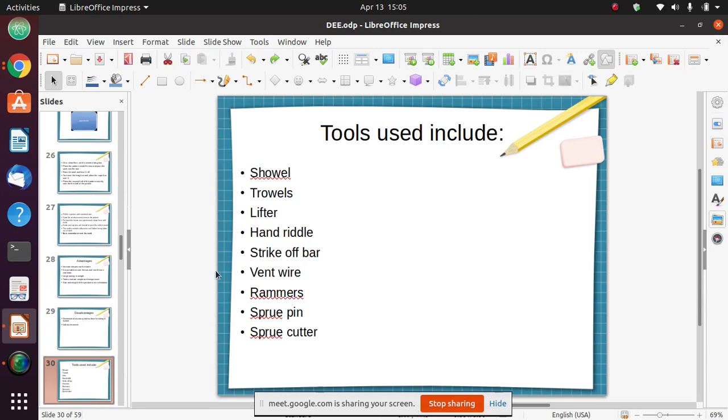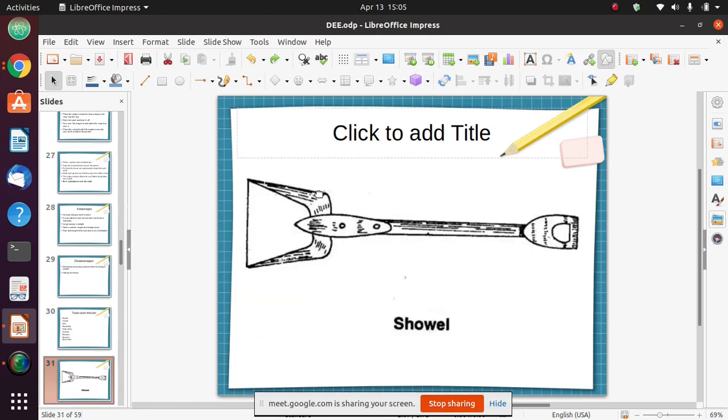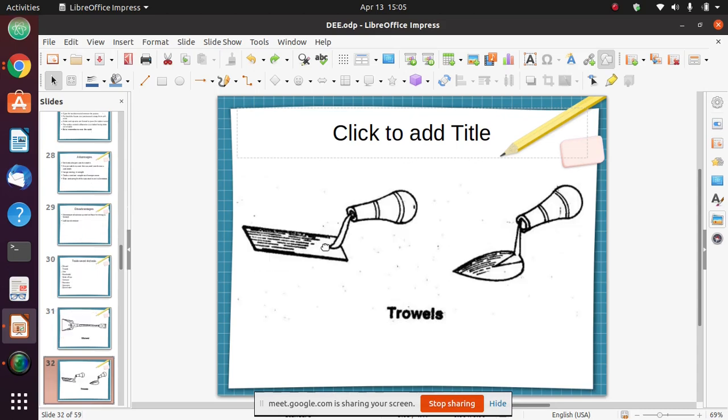Now, some of the tools that we use in hand casting ni kama shovel, trowels. Let me just show the pictures so that we can have a visual. A shovel, we had seen that in the first video, a casting. This is what you will use to load your sand into those boxes. Okay. We have trowels.